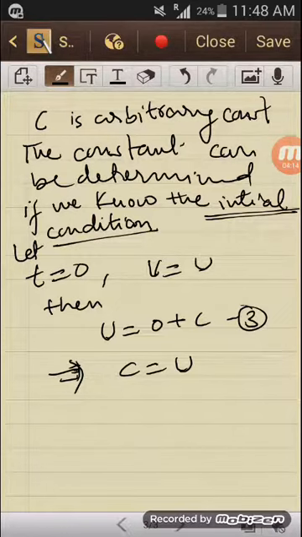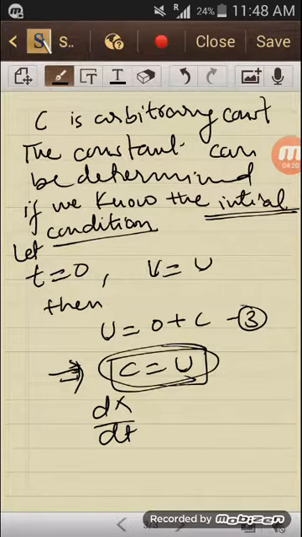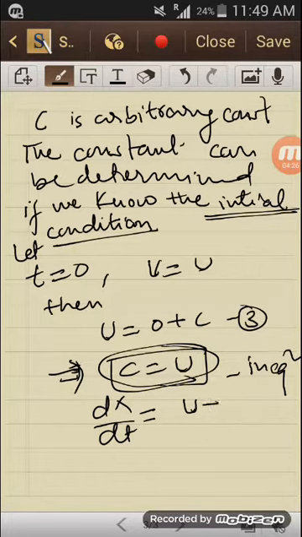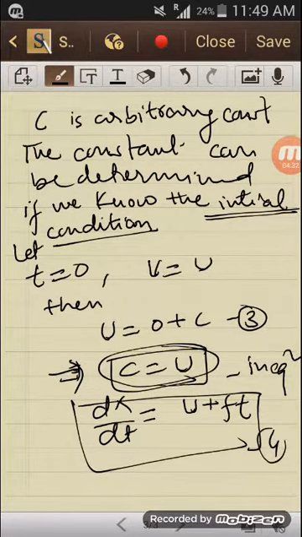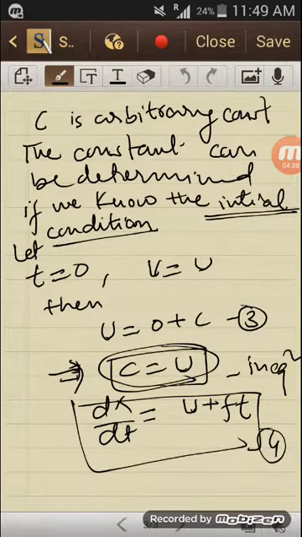So what we get here, if we put this in equation first, dx by dt equal to u plus ft. Suppose this is equation number 4.